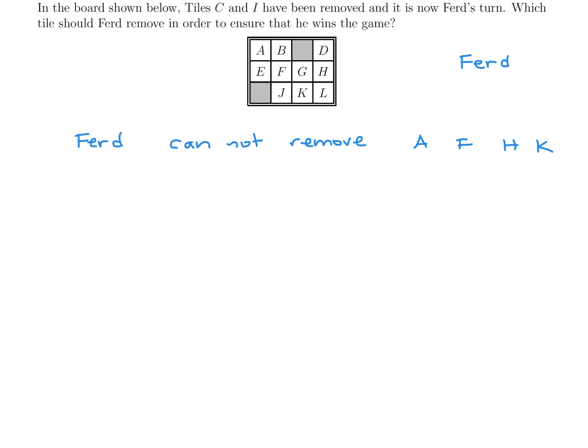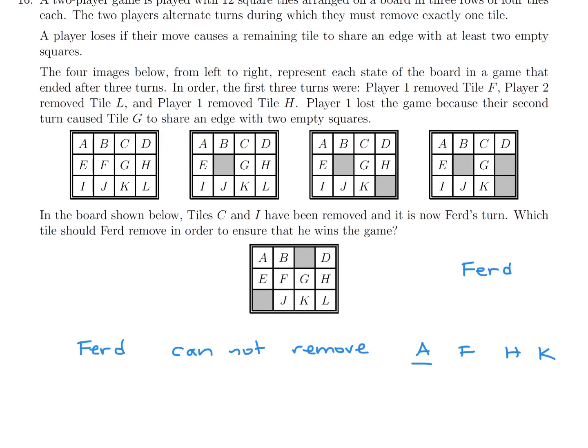Right? Because think about it. For example, if we removed A, then E would share an edge with two empty squares. So if he removed A, for example, then this E would share an edge with two empty squares.